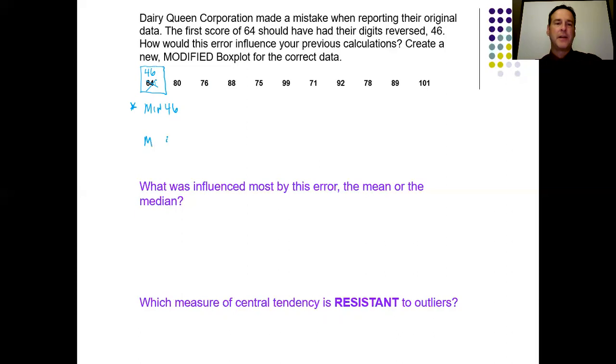My median is still 80. My Q1 is still 75. And my Q3 is 92. And my max is 101. So I'm going to make this look just like before.